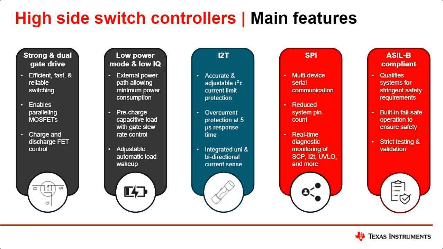Low power mode and low IQ. The nature of these loads is that the devices are very close to power supplies or power sources. So low IQ is desired so the device doesn't drain any energy from the battery or from wherever it's connected to.